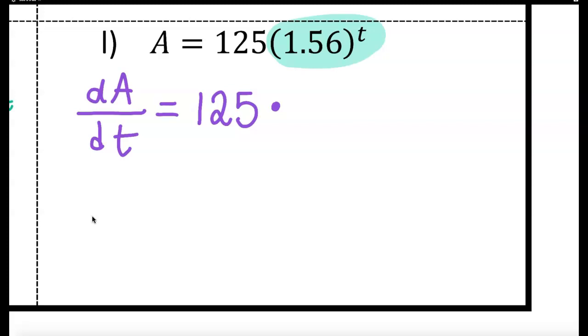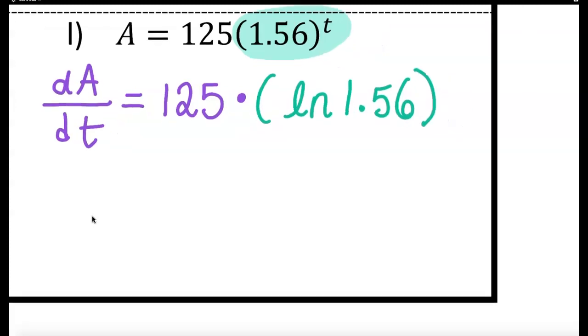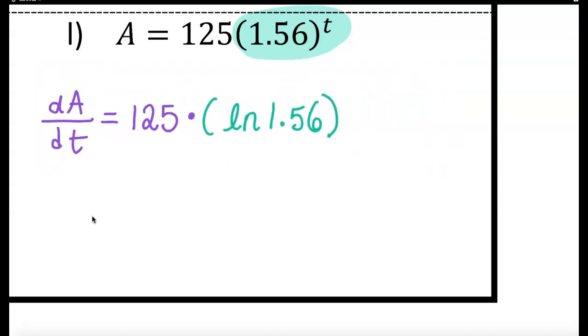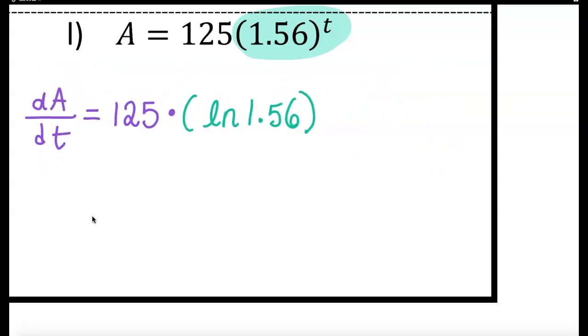And that is going to be natural log of the base, natural log of 1.56. And we must multiply this by 1.56 to the tth power. And there is nothing else we can do about simplifying this.